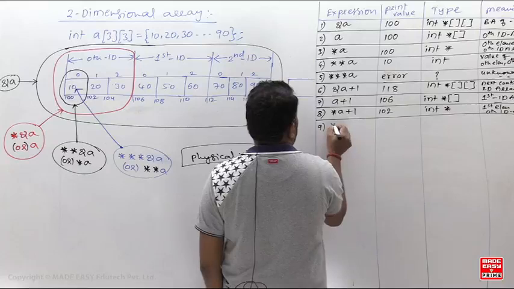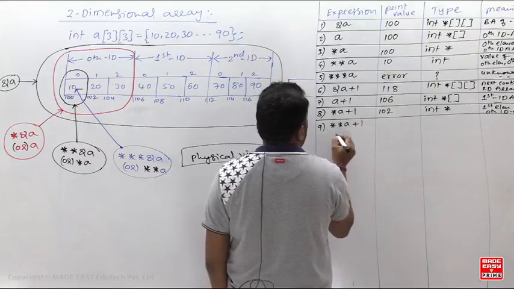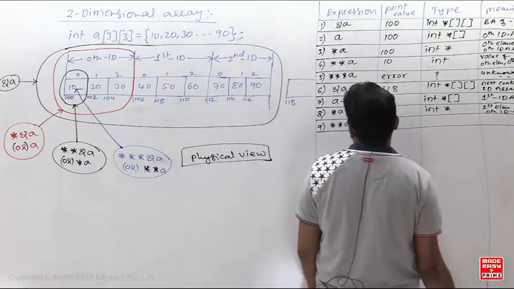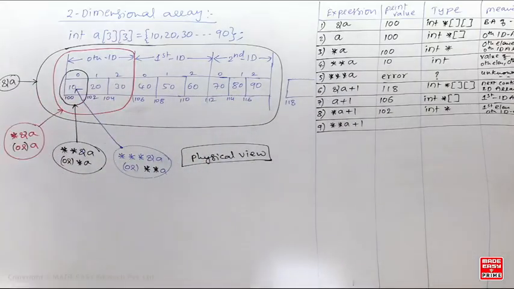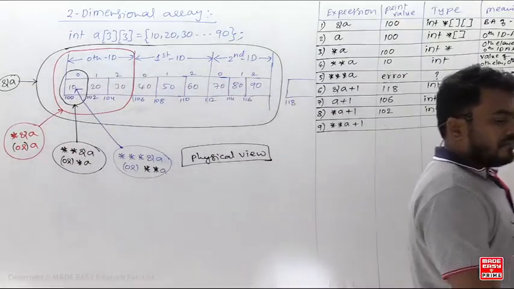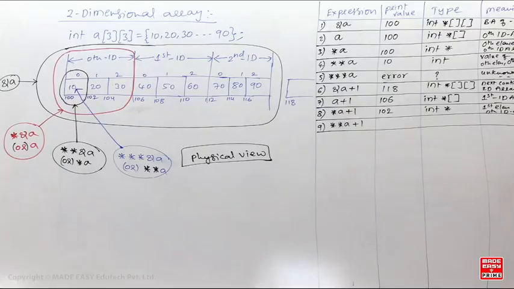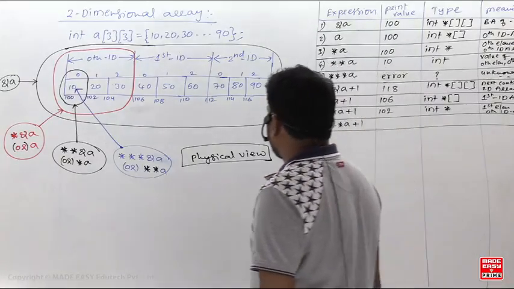So now tell me, if I say double star a plus 1, what does it print? Double star a plus 1.